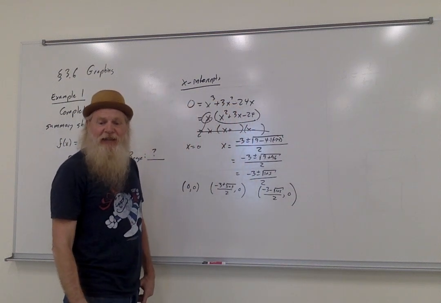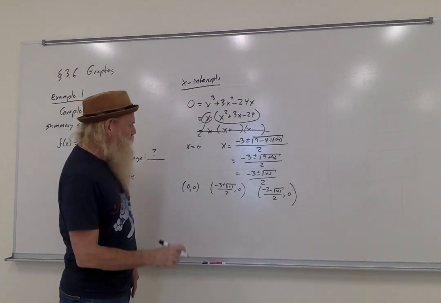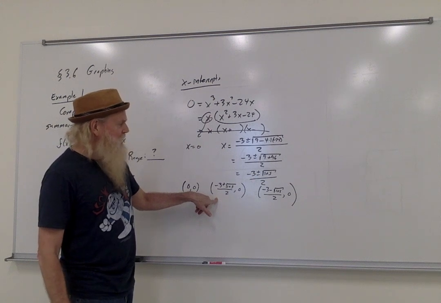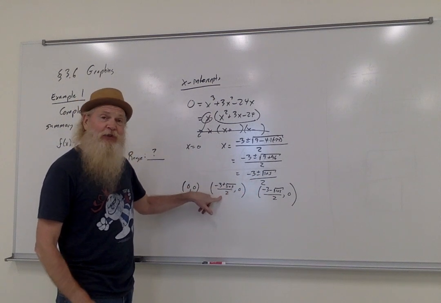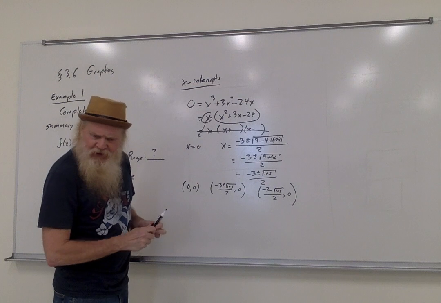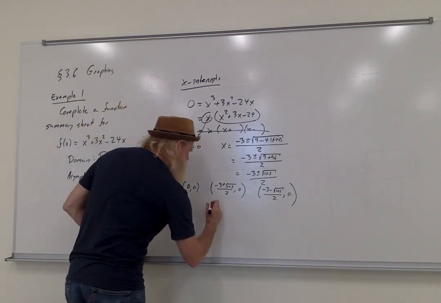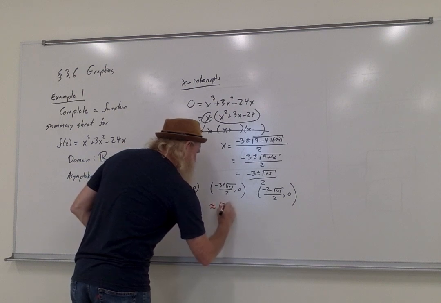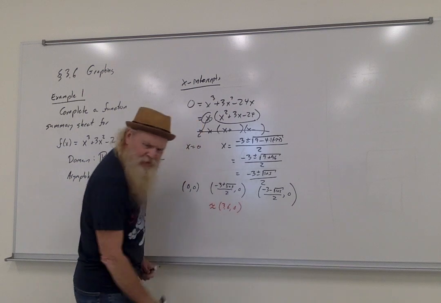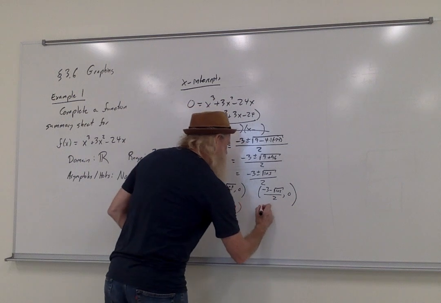And as you know, I like exact answers when possible. However, when we go about graphing this, it'll be useful to have at least approximations for these numbers. If you put them on the calculator, for the first one, you should get about 3.6, and for the second one, approximately negative 6.6.